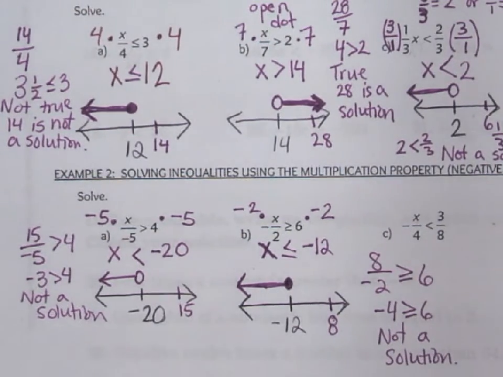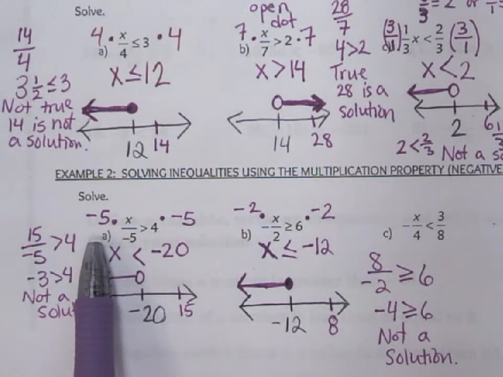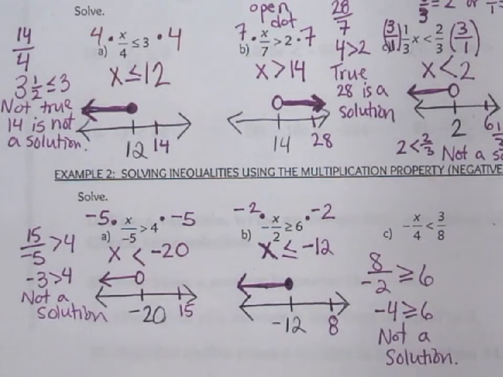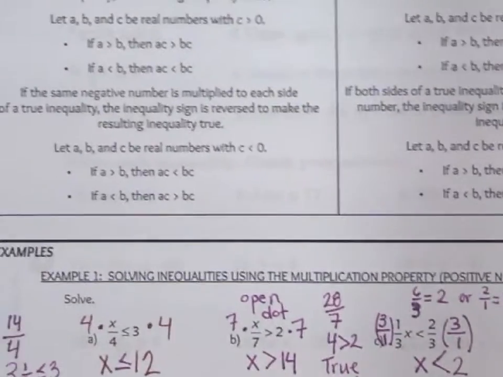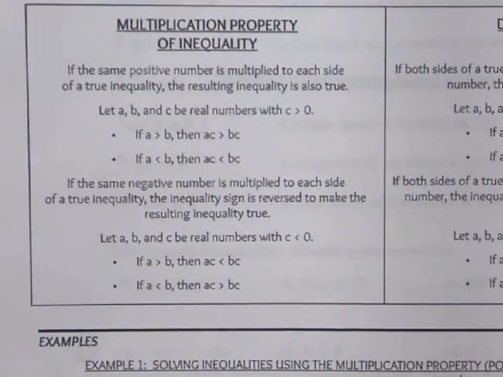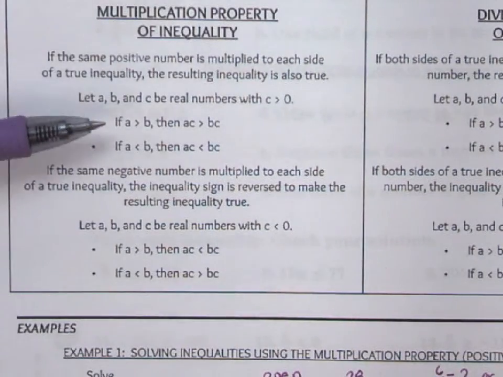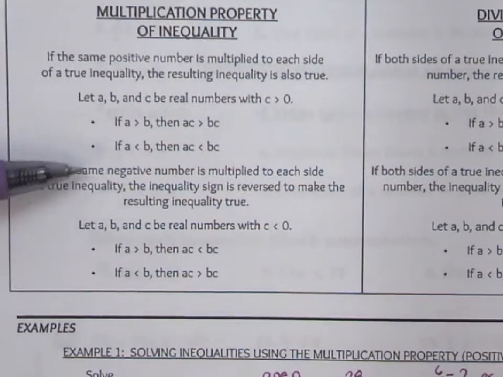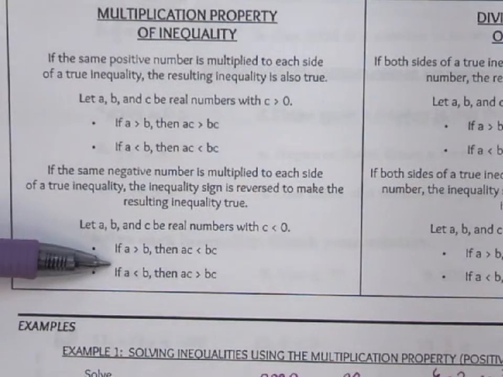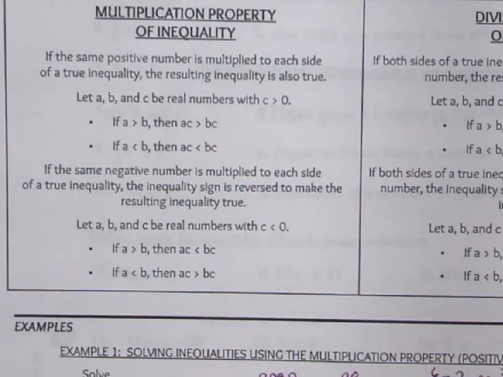When you have an inequality and you're multiplying or dividing by a negative number, your inequality will switch. Okay, and that's what's up here at the top of the page. So here, if we multiply, then the inequality with a positive number, nothing, it's the same. If it's negative, the inequality will change.